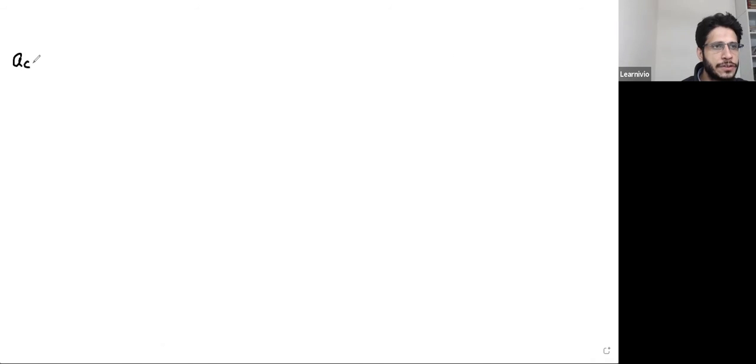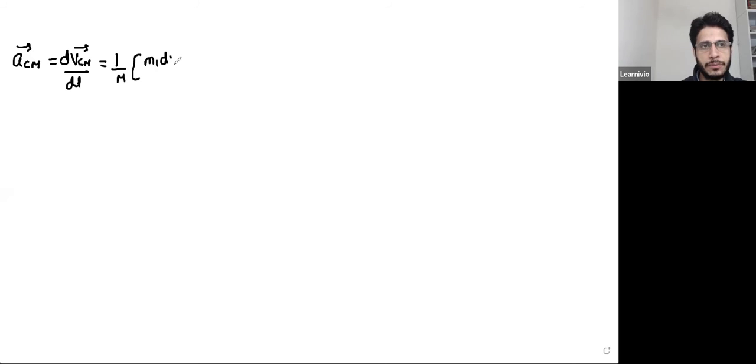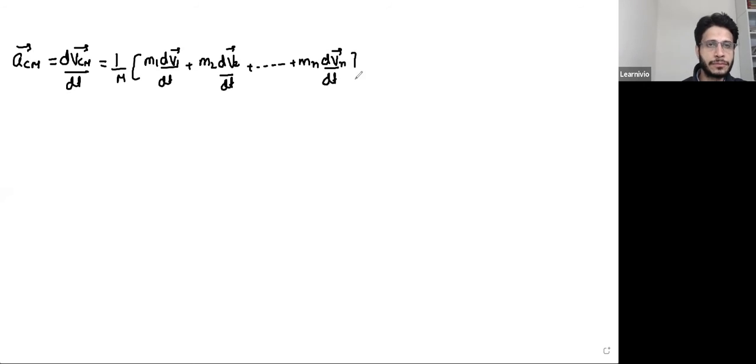So the acceleration of center of mass is simply the rate of change of velocity of center of mass, which is basically 1 by M times m1 dv1 over dt, plus m2 dv2 over dt, and you can keep on going up to n terms, so mn dvn over dt.